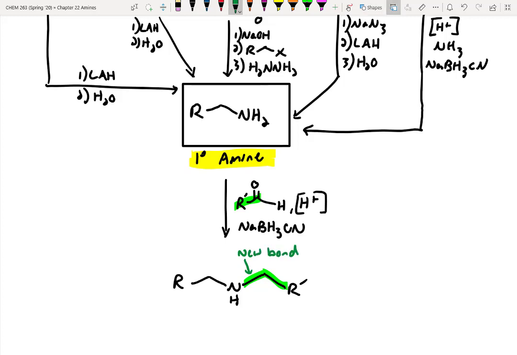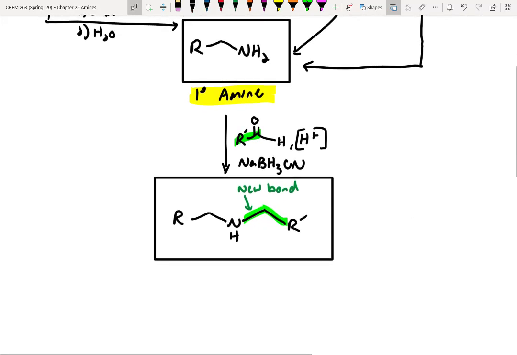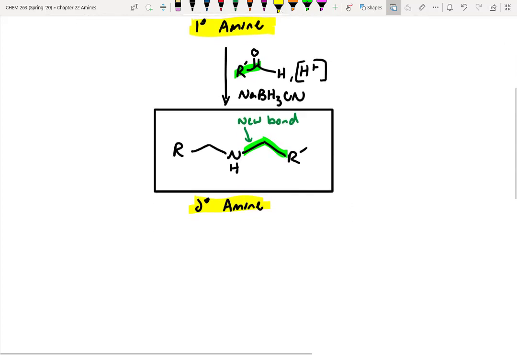Okay, and so by doing this, we're actually able to make a secondary amine quite easily, but really we can't do this very easily using any other way. So let's label this. We'll say this is how we can make a secondary amine. And then if we want to make a tertiary amine, we could do something similar.